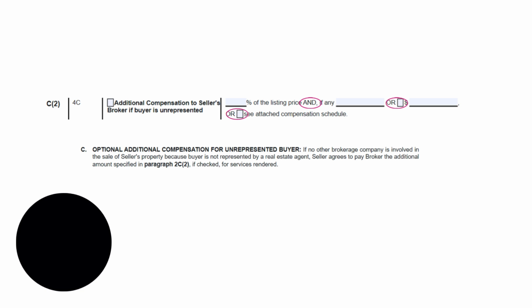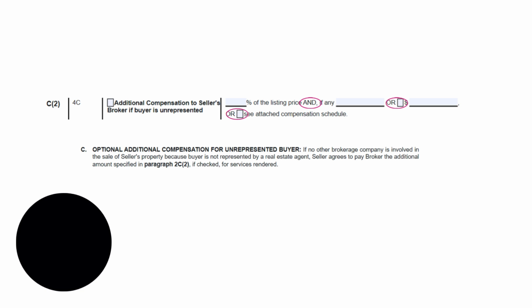So why would there be an additional compensation to the seller's broker, the listing agent, for an unrepresented buyer? It's because there's going to be more work involved. The listing agent may need to send additional documentation out to the unrepresented buyer. It is definitely recommended to have that buyer sign a non-agency form.